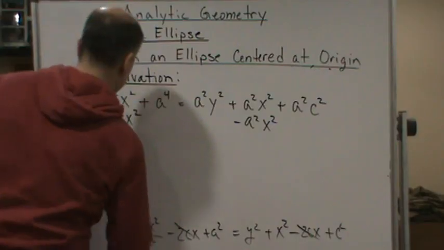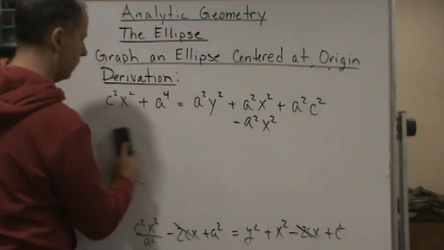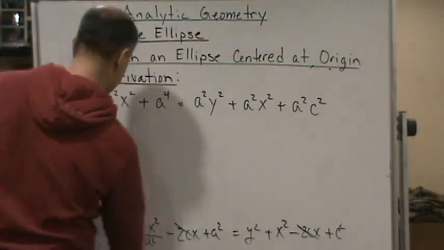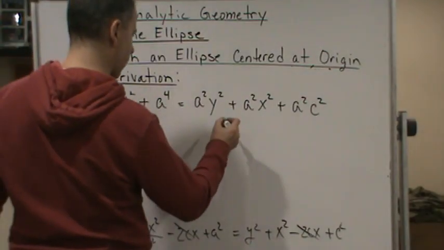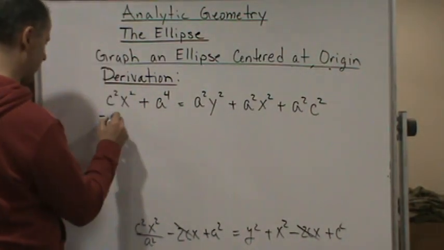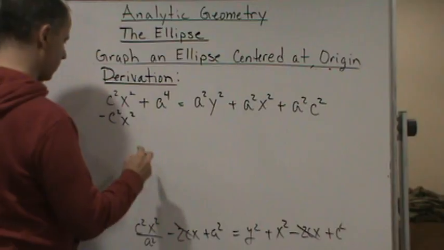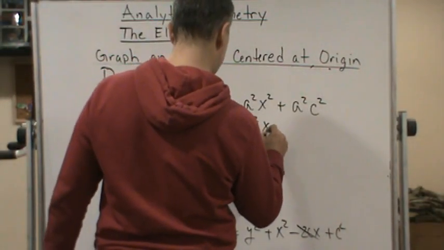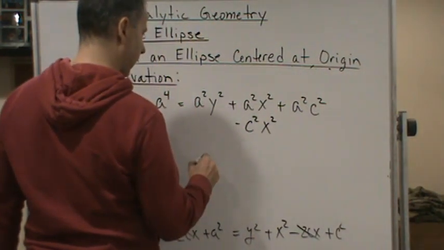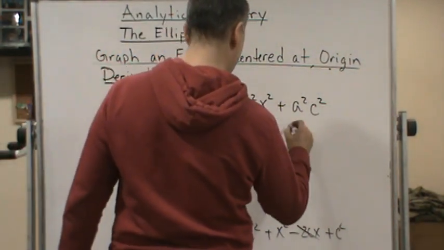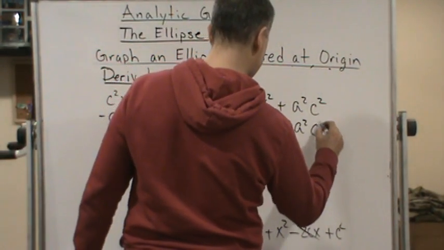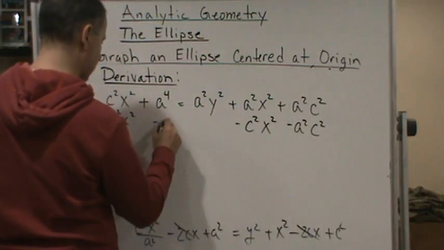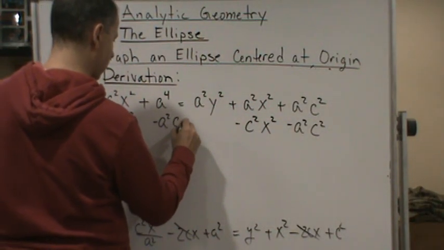Actually, let's do it the other way here. I want a squared minus c squared. So let's do this. Minus c squared x squared, minus c squared x squared. And then we're going to do minus a squared c squared, minus a squared c squared.